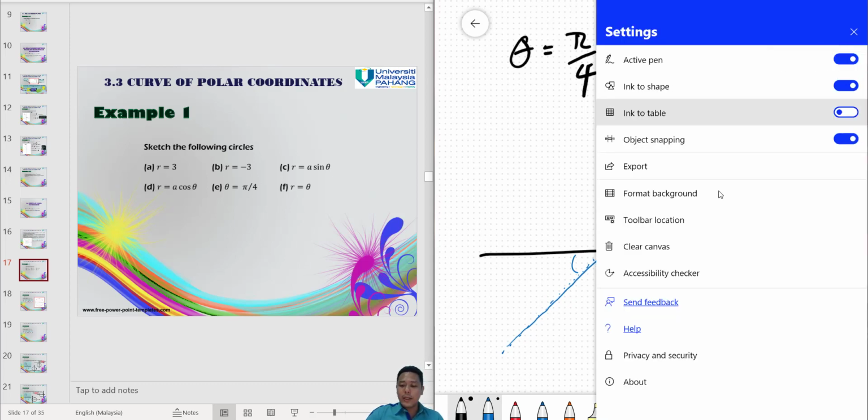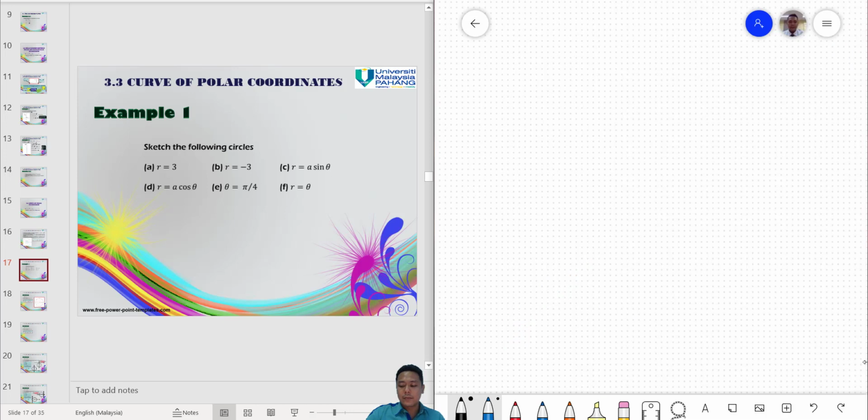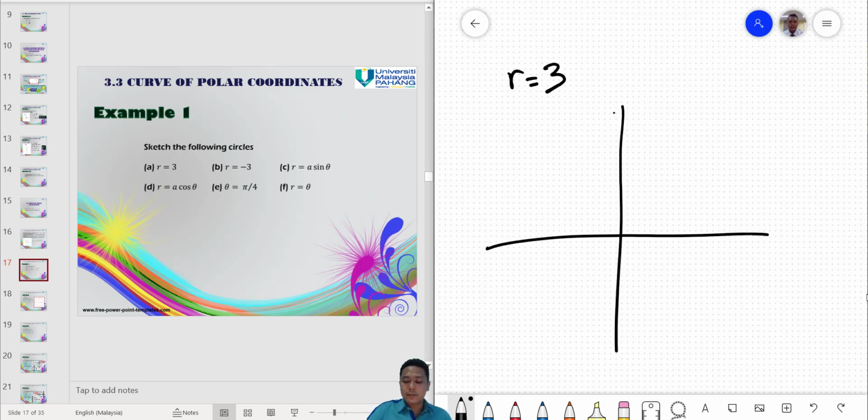How about if we set the value of r but with any angle? For example, r equals 3, and this time your angle can be any angle, but logically it will be in the range of 0 up until the maximum of 2 pi. So let's mark 3 here, 3 at the top.